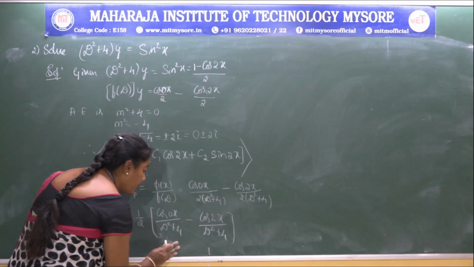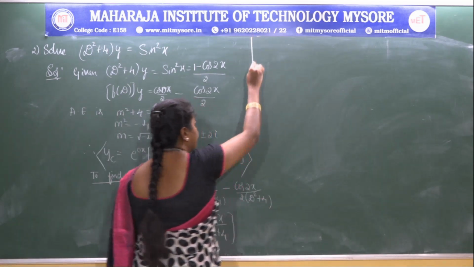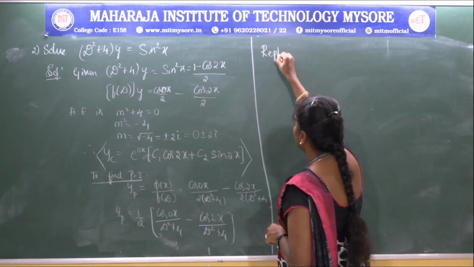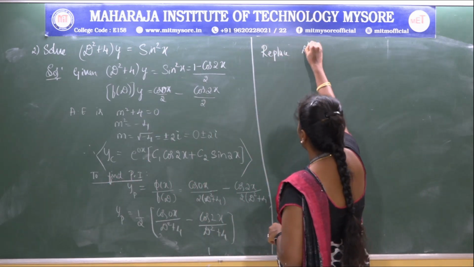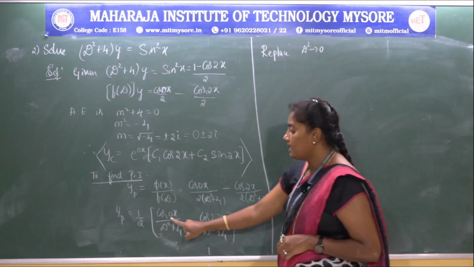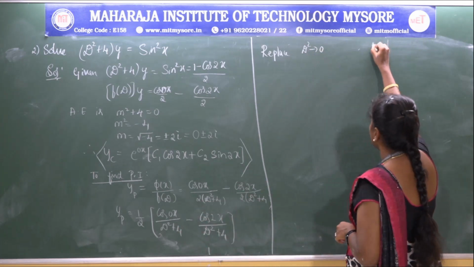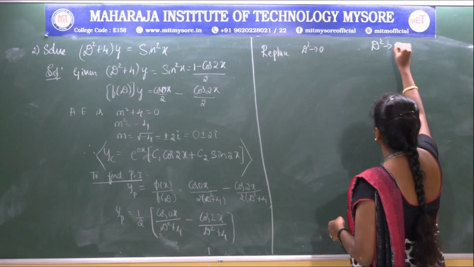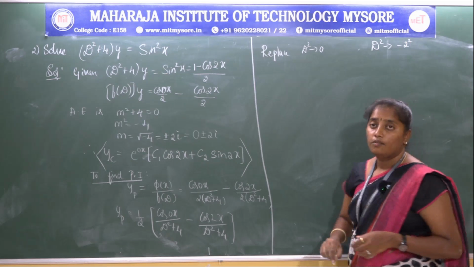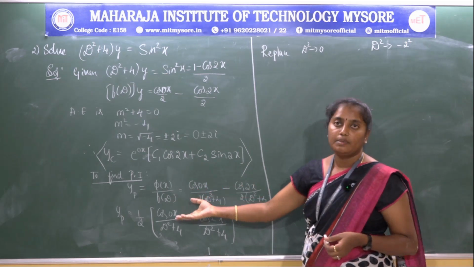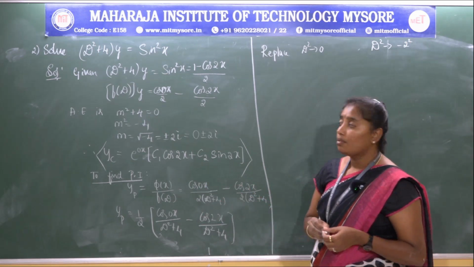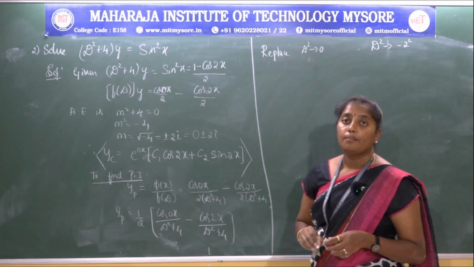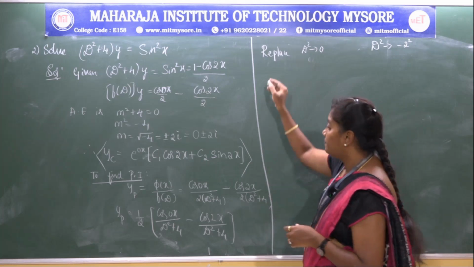replace D square by a. Replace D square by the value 0 in the first term, and in the second term D square by minus 2 square. For 0, it will be the same on substituting both negative and positive values, hence D square by 0 in the first term, D square by minus 2 square in the second term.